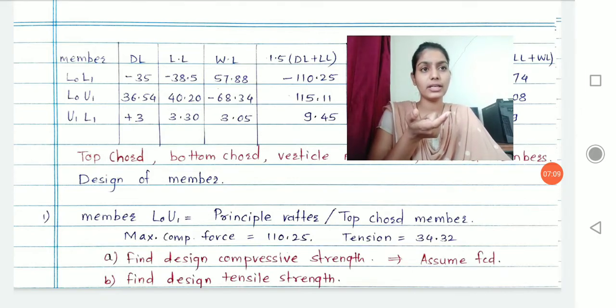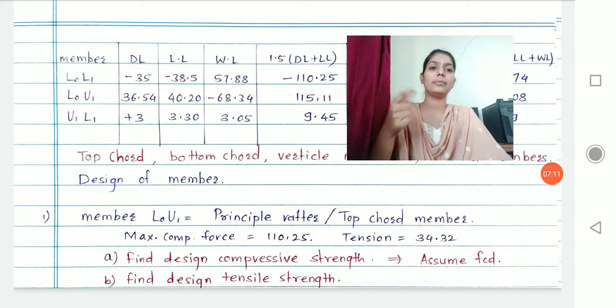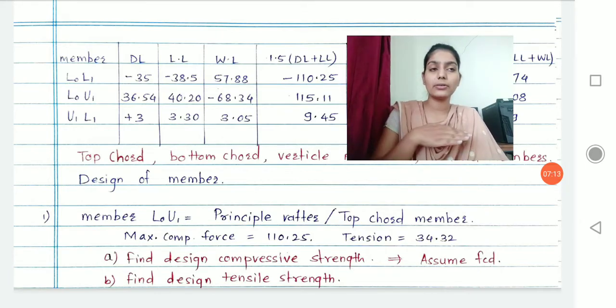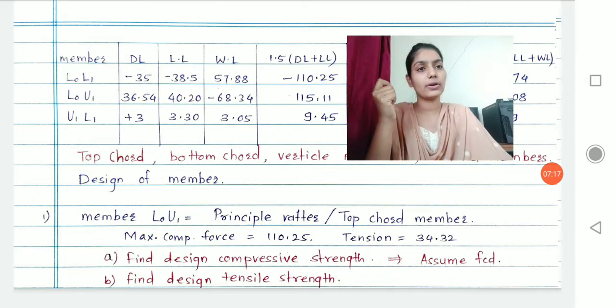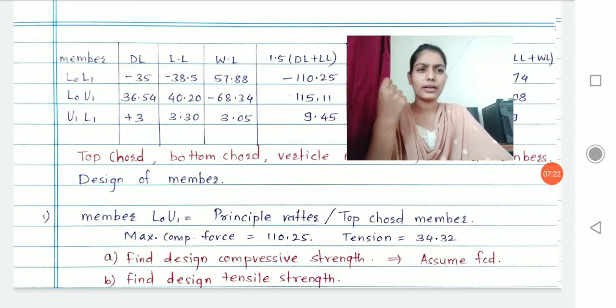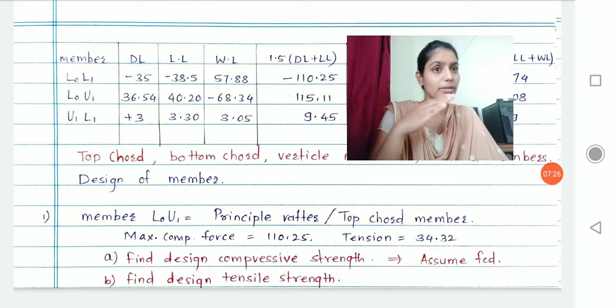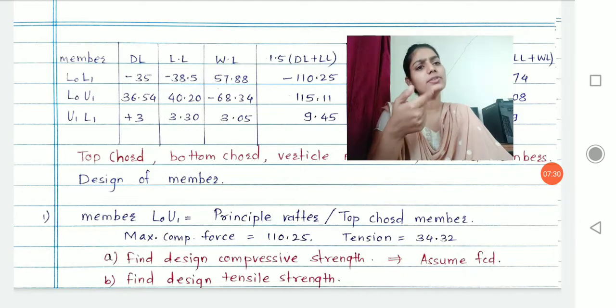acting together. There are many vertical members, many top chord members, many roof members, or we call them top members. We have counted them, and we got 6 bottom chord members, 6 top chord members, and so on for vertical and inclined.